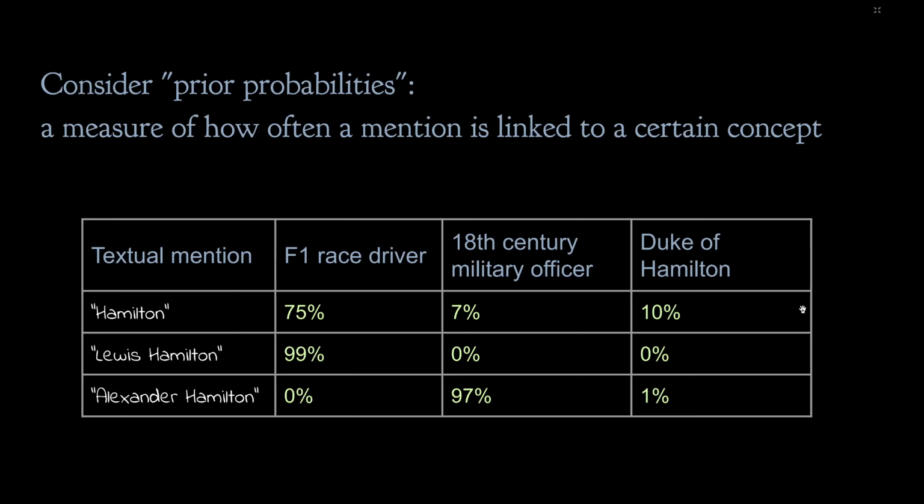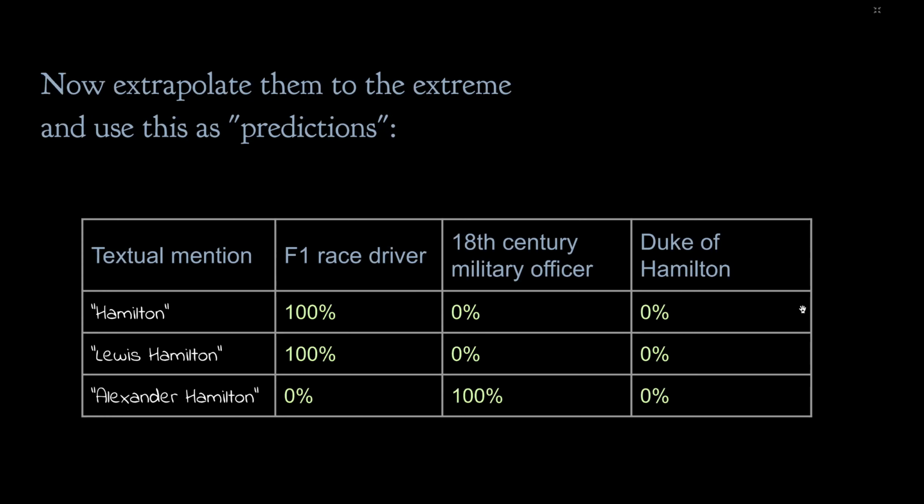This is really just statistics, going through all of the Wikipedia articles, looking at all of the interwiki links, and seeing which mentions are being linked to which pages. We can have all of that data for free. And then the baseline that we'll do is we'll just round this up. So instead of 75%, we'll say, well, if most often Hamilton is referring to the F1 race driver, then whenever it's Hamilton, we'll link it to the Formula One race driver.